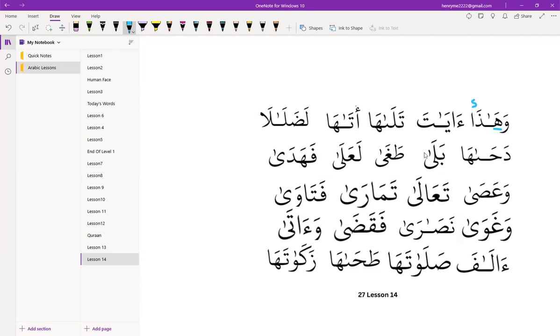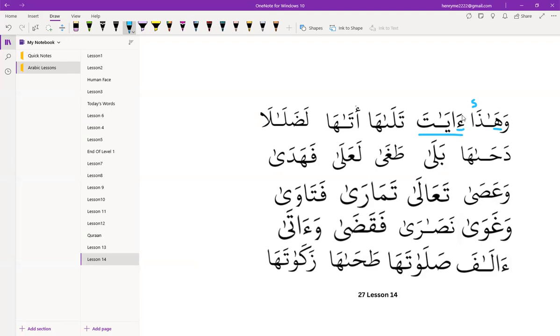Wahada. Now the second one, I will read it. This one here. Ayata. We spoke about the hamza when it comes by itself yesterday, and it sounds like just the a. So here we will increase the period of saying the fatha.